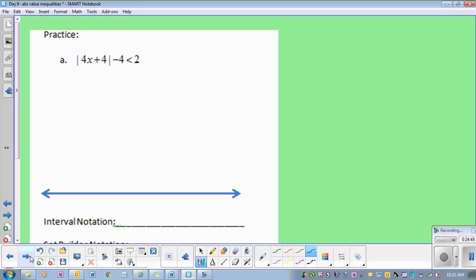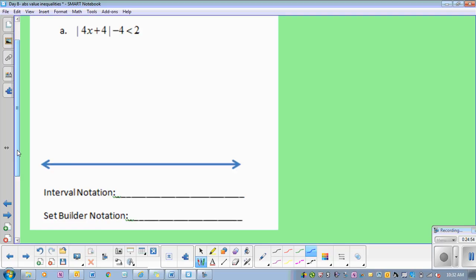Alright, let's try the next one. Guys, you should be able to do this one too. I want to get the absolute value bars all by itself, so I need to add the 4 first. Absolute value of 4x plus 4 is less than 6.